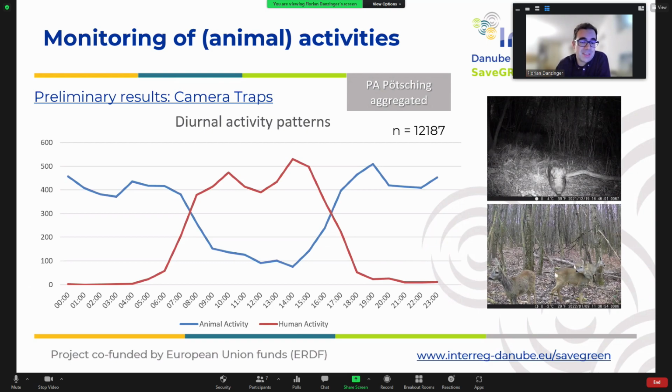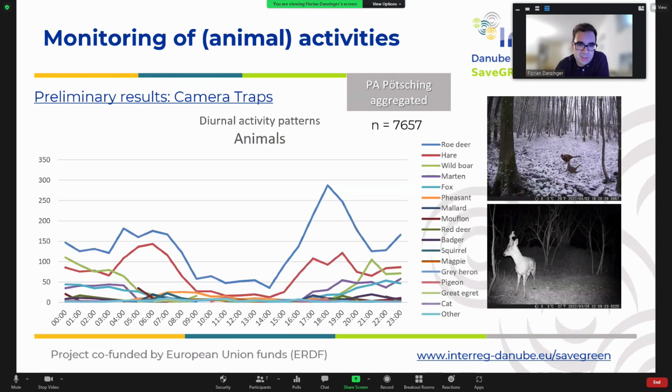And you can see that the animal activity is clearly shifted from this pattern, and the animals are avoiding, of course, it's obvious, the human activities in the areas. You can do this for all animal species, of course.